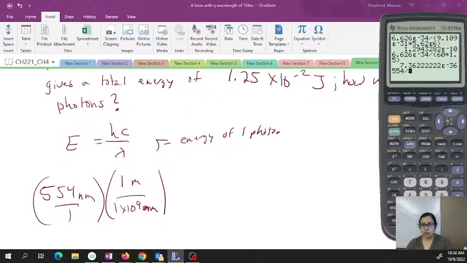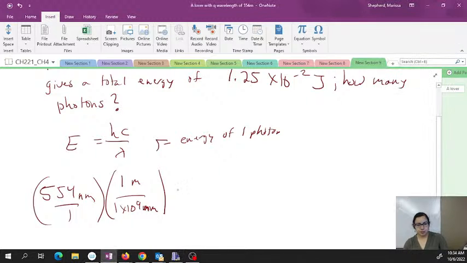And I keep punching everything in wrong today. There we go. So 5.54 times 10 to the negative 7 meters.